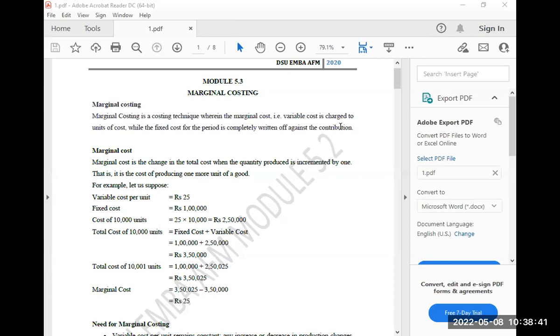Then the decline will start. It's a point where it will be under profit or loss. If you go beyond that point, it will be under profit or under loss.